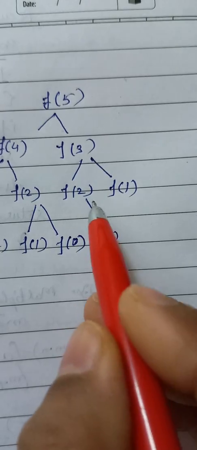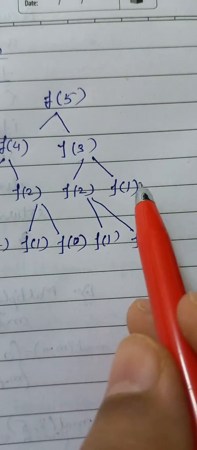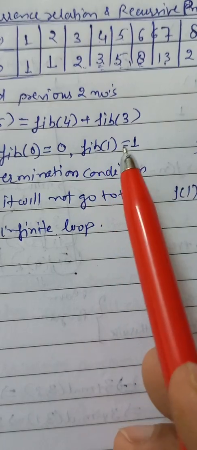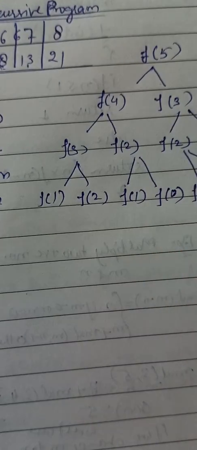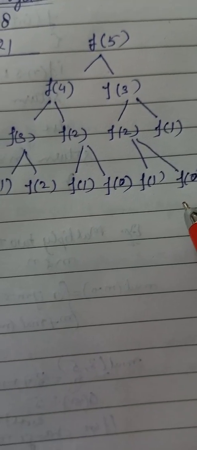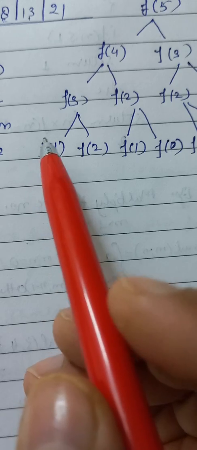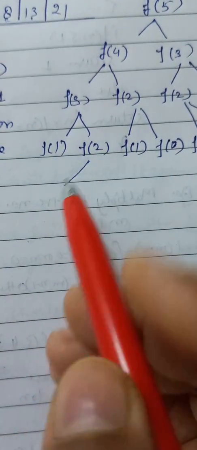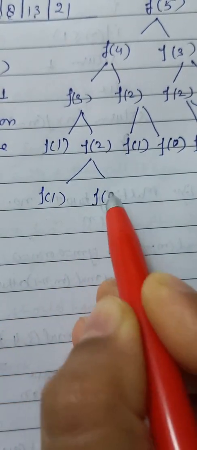Like here also, Fibonacci 1, Fibonacci 0, and we know the Fibonacci 1 value. What is the Fibonacci 1 value? The Fibonacci 1 value we have defined as 1 here, and like this we just break it down till the end, so only 2 will be left, so we will break it also, so it will be Fibonacci 1 and Fibonacci 0.